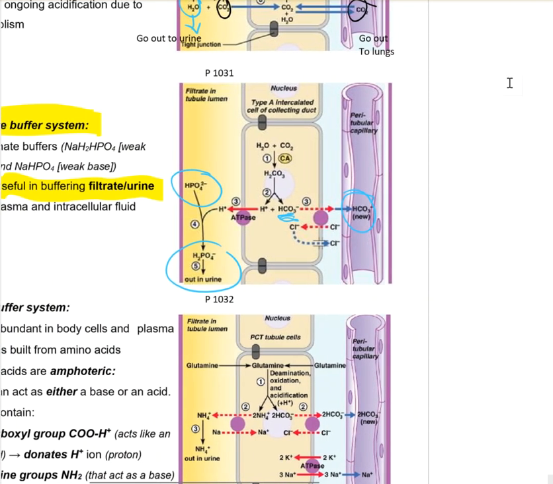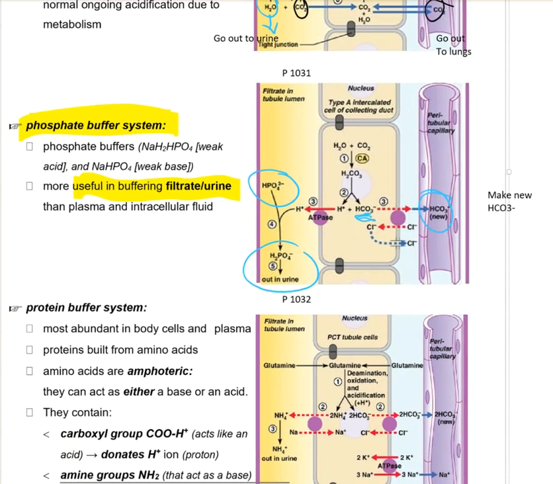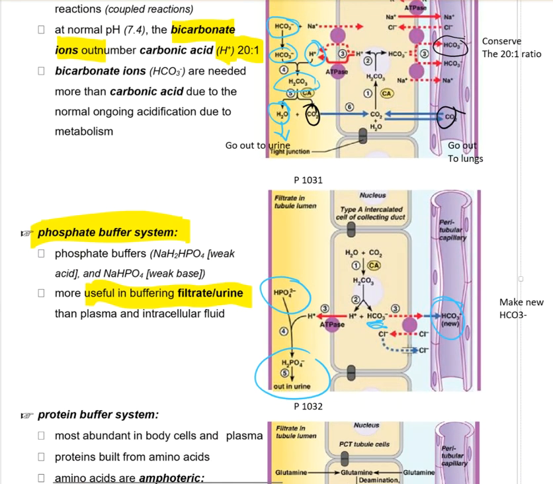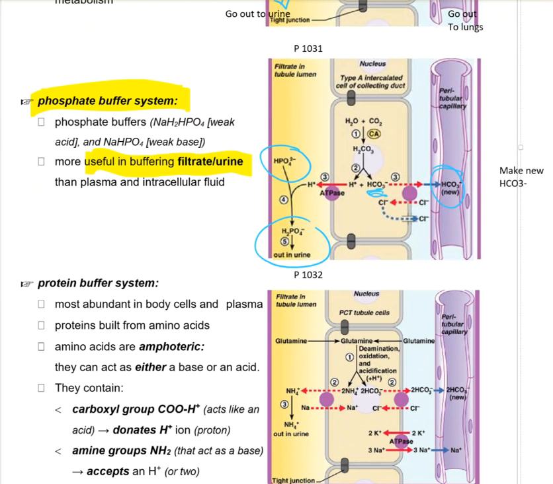So we make new HCO3 negative, right? And that's important because that will help us keep that 20-to-1 ratio when we have a lot of acidic metabolites. So we always want to be making more of this bicarbonate. So in this particular one, because we're using a different buffer in our urine system, by breaking that hydrogen off and getting rid of it, we make bicarbonate and it goes there and it's new.